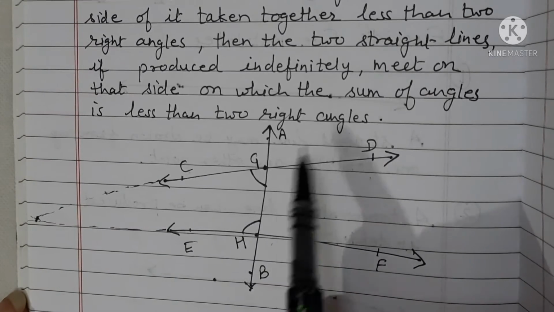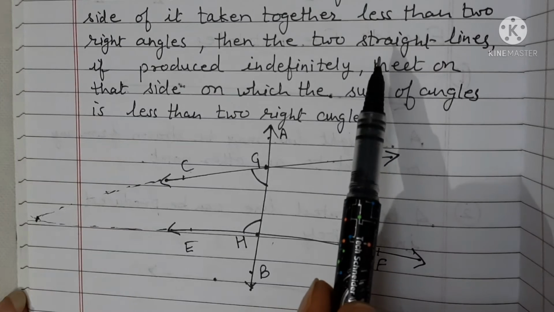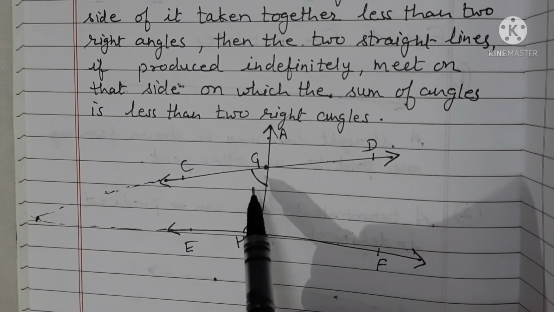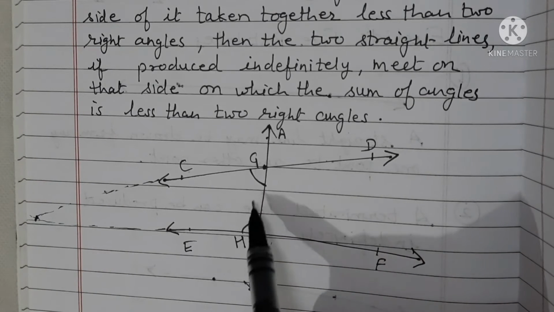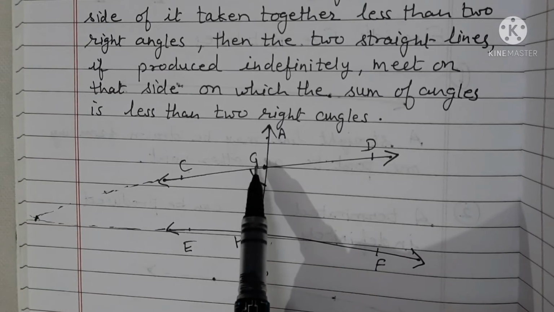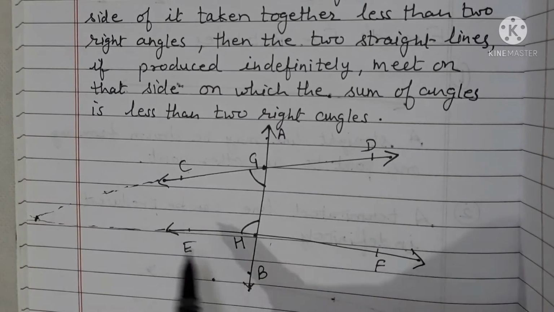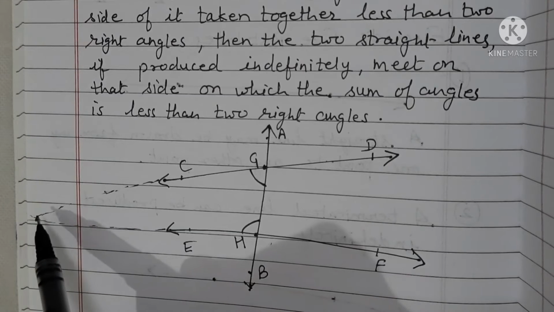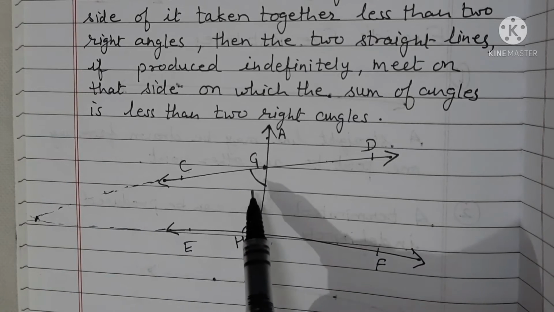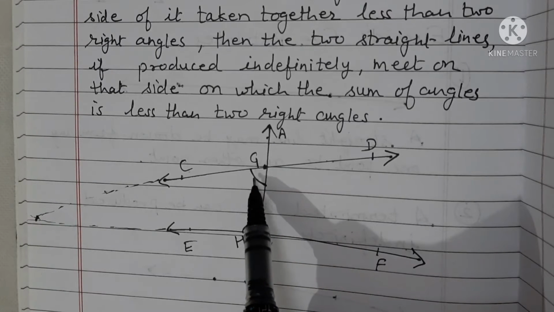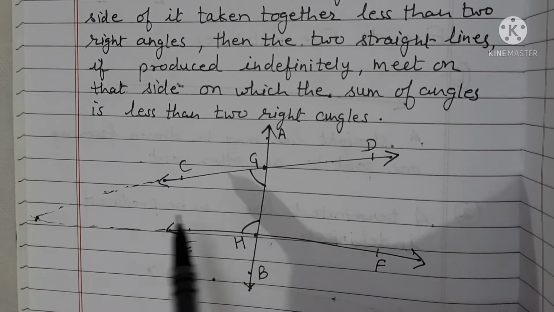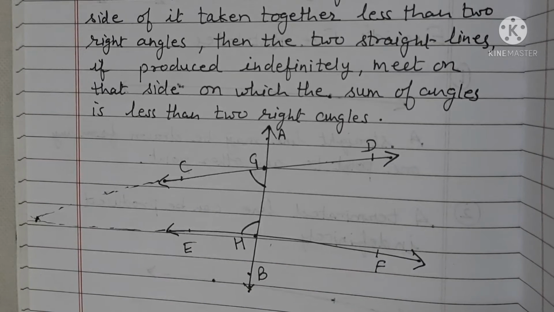So this postulate says that when the two interior angles are taken together and the sum is less than two right angles, and we produce the lines, they will meet on that side where the sum of the interior angles is less than two right angles. So this is the important postulate.